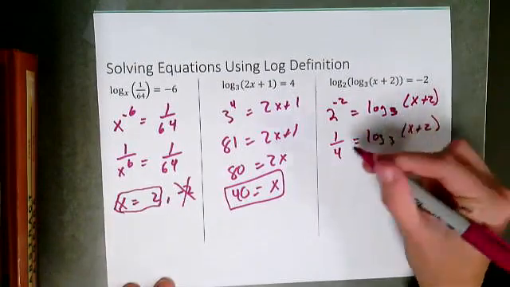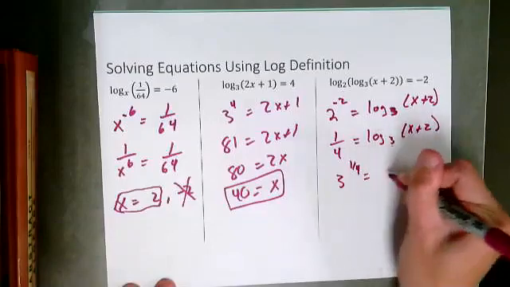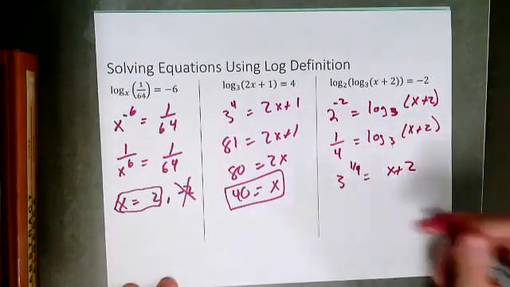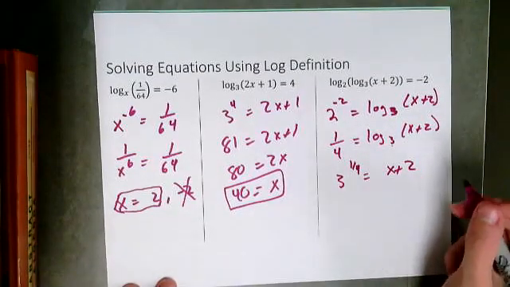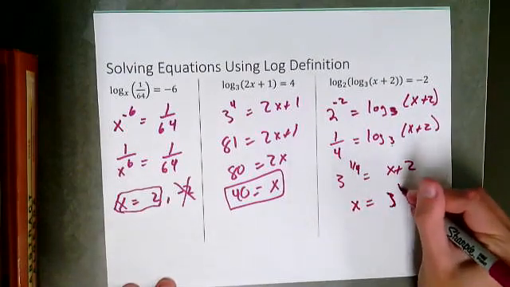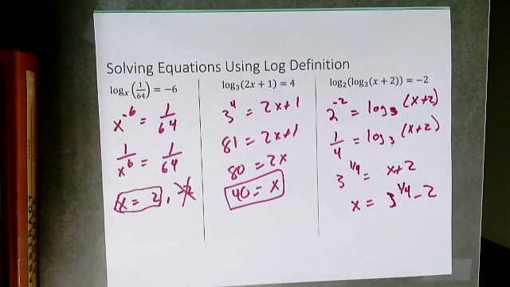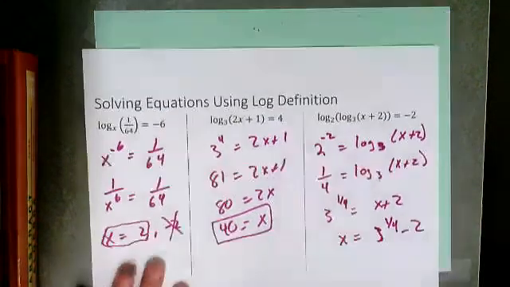And so we have 3 to the 1/4 equals this inside bit. And then, well, there's not much you can do with that. So x is equal to 3 to the 1/4 minus 2, whatever that may be. So that's what happens when we solve some things.